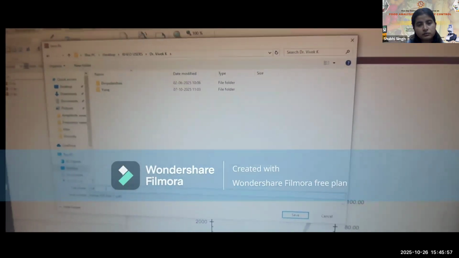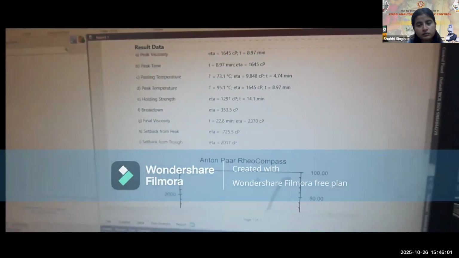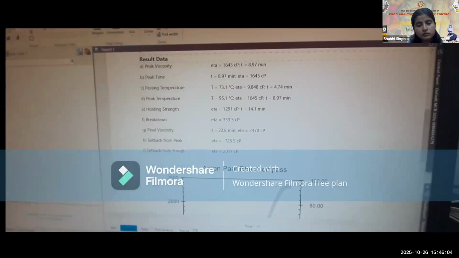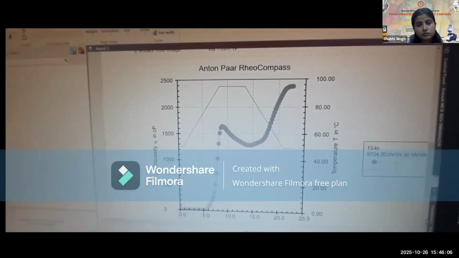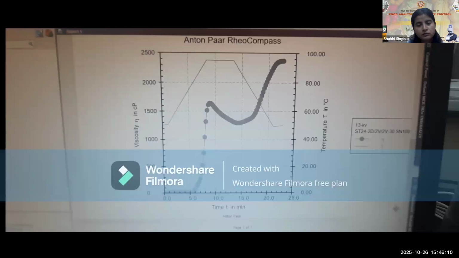And at the last, the result data can be saved and the graph can be plotted in respect of viscosity versus time. Thank you.